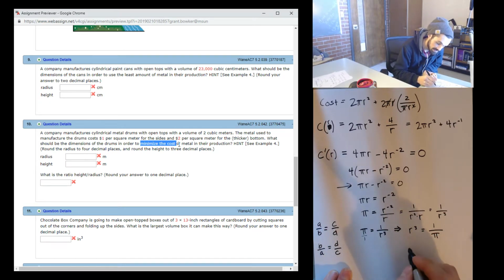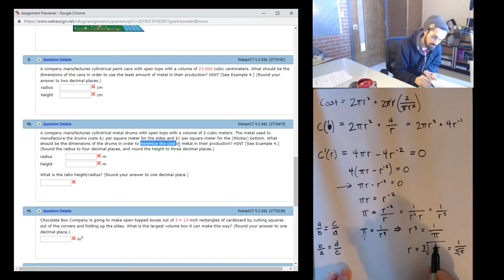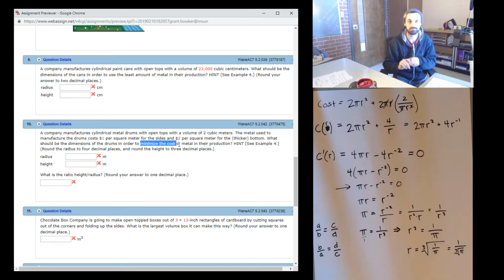Lastly, to isolate r, we need to take the cubed root. So r is the cubed root of 1 over pi, which is 1 over the cubed root of pi. Cubed root of 1 is 1. So hence, we're looking at 1 over the cubed root of pi. What is that?